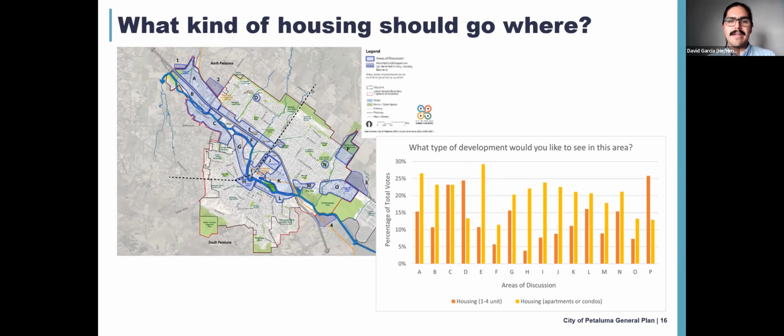For example, area P, near Adobe Creek, community members identified lower density housing of 1 to 4 units, which you can see in the bar graph in this darker orange, while in the downtown areas, we see a need for apartments and condos. So that's just to give you a little taste of that.